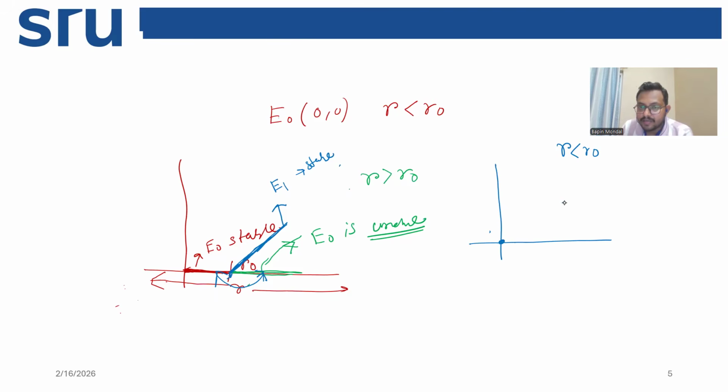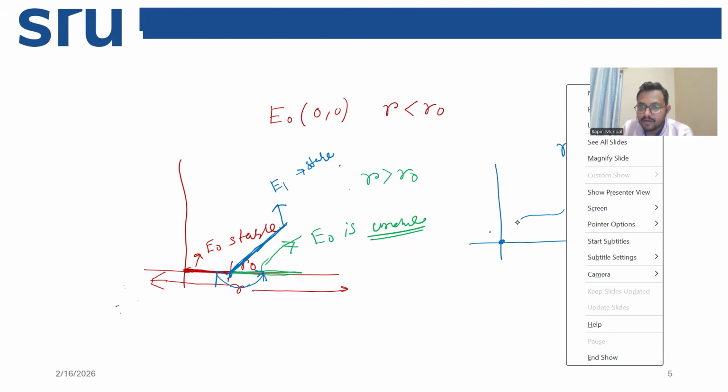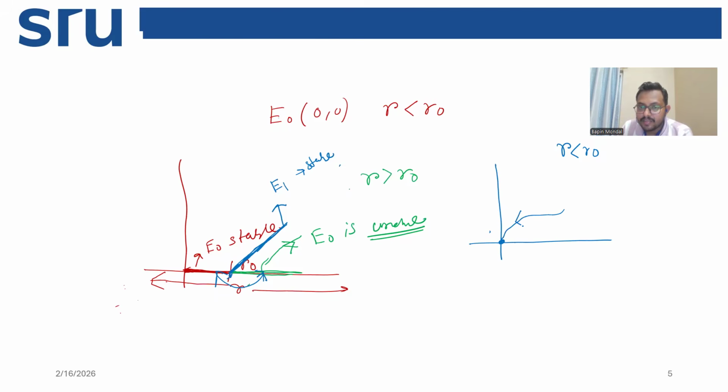That means if we consider an initial value here, it goes to E0; if we consider an initial value here, it goes here, like that. So in this situation both populations go to extinction because E0 is stable.